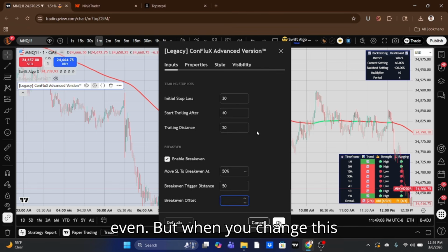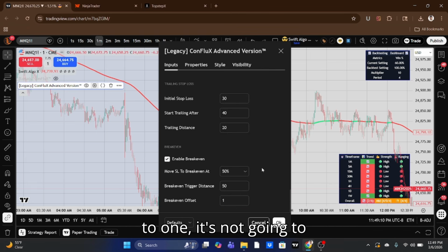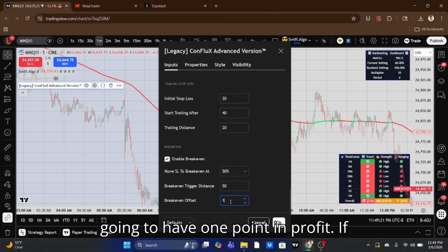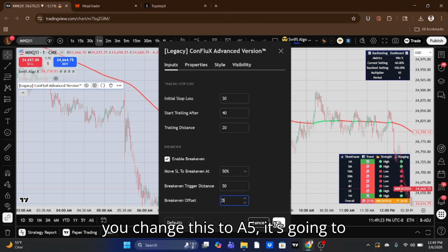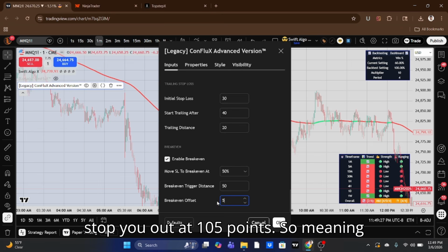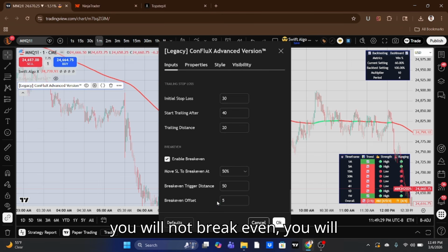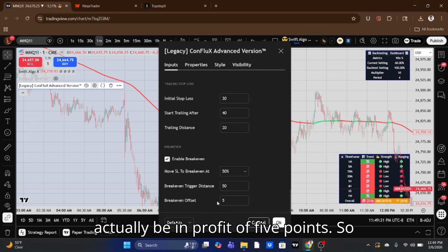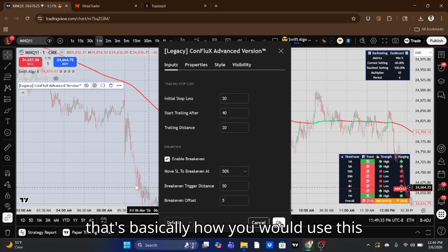But when you change this to a 1, it's not going to stop you out at 100 points. It's going to stop you out at 101 points. Okay, so you're going to have 1 point in profit. If you change this to a 5, it's going to stop you out at 105 points. So meaning you will not break even, you will actually be in profit of 5 points. So that's basically how you would use this feature, okay?